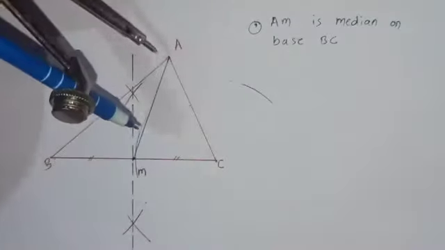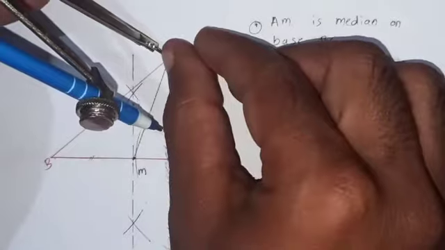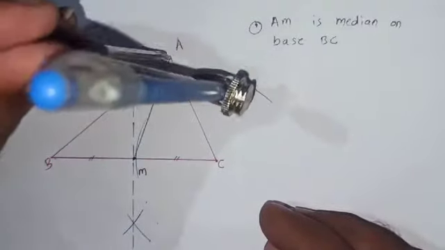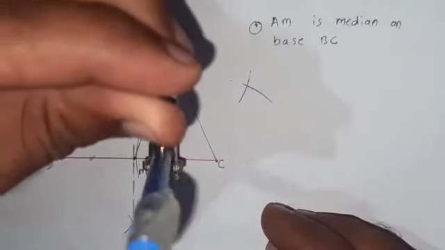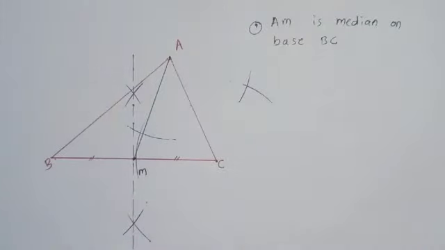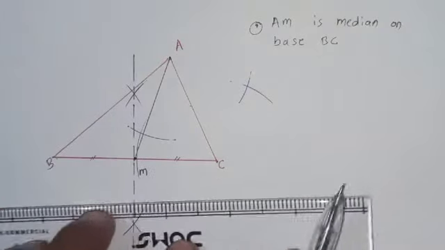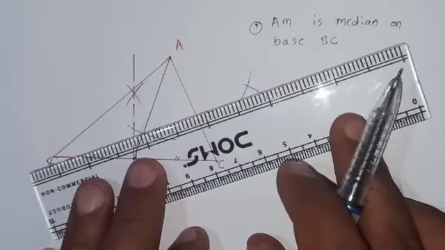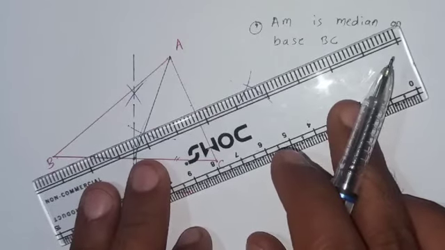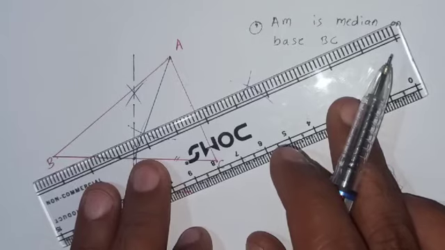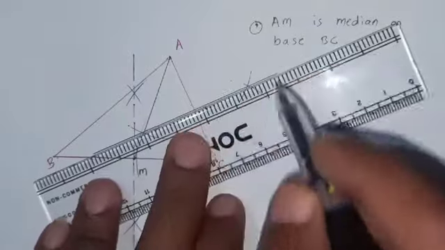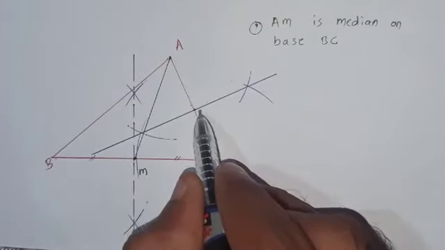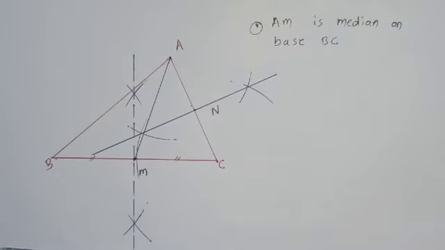Again on point A, here and here. So I have got 2 points. Let's join these 2 points. After joining, let it be point N. Now join BN.